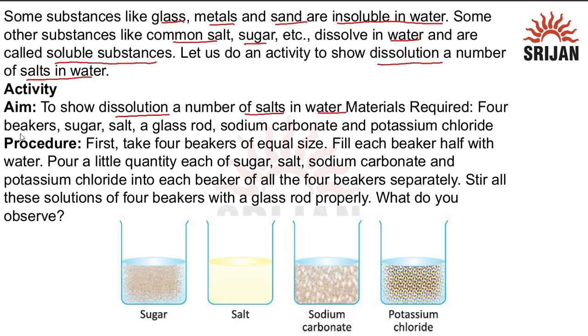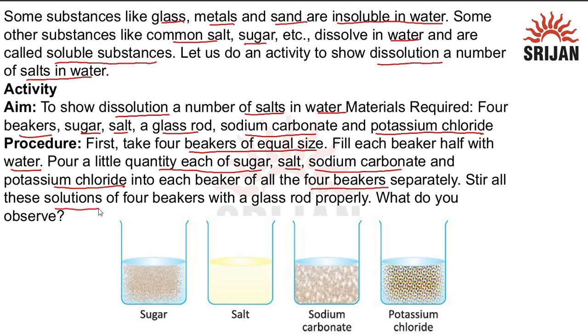Materials required will be a beaker, sugar, salt, a glass rod, sodium carbonate and potassium chloride. Procedure will be: first, take 4 beakers of equal size, fill each beaker half with water. Pour a little quantity of each of sugar, salt, sodium carbonate, and potassium chloride into each of the 4 beakers.